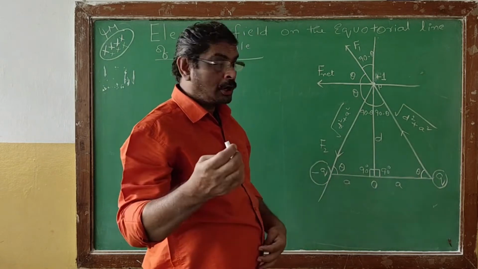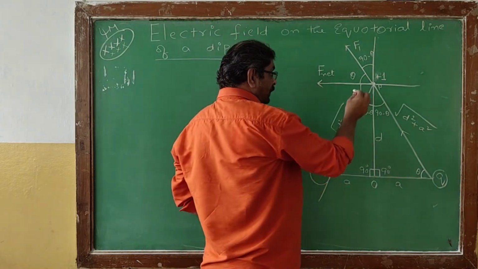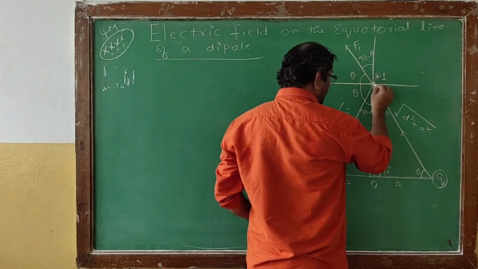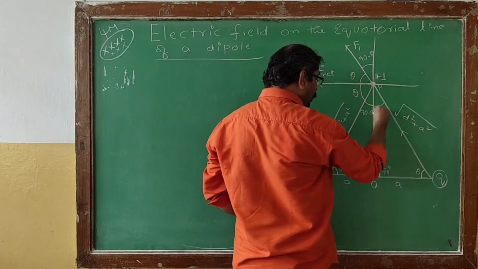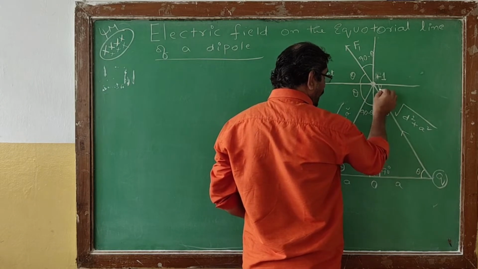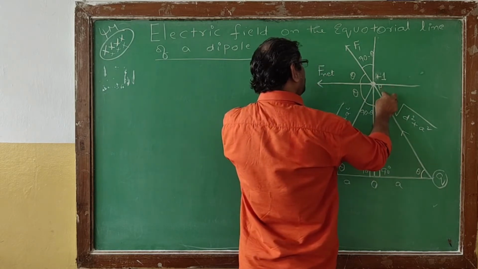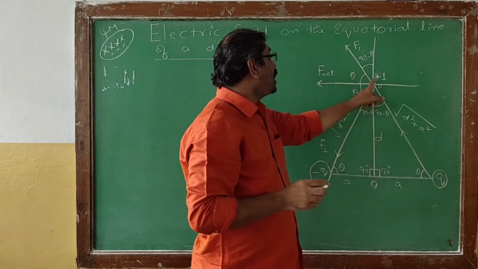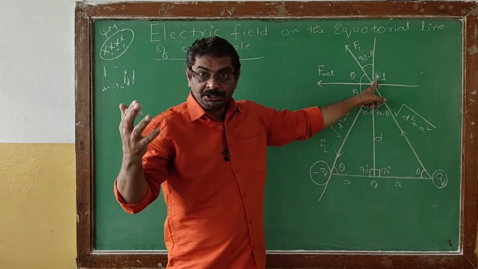For that, listen very carefully. On the equatorial line, I am taking a point P, and at point P I am keeping a unit positive charge.